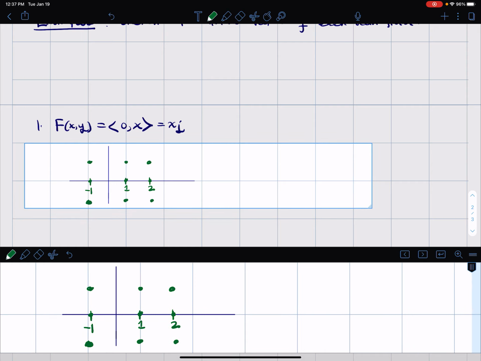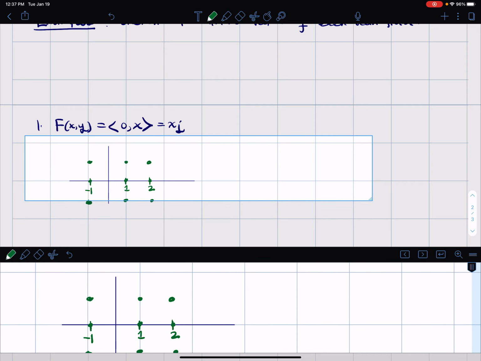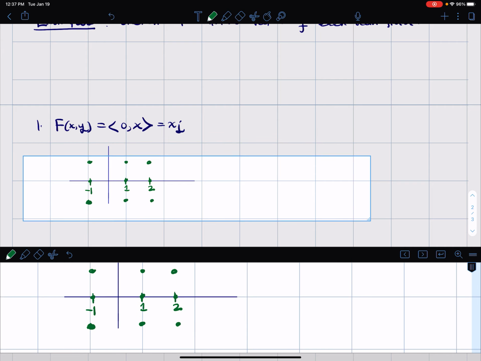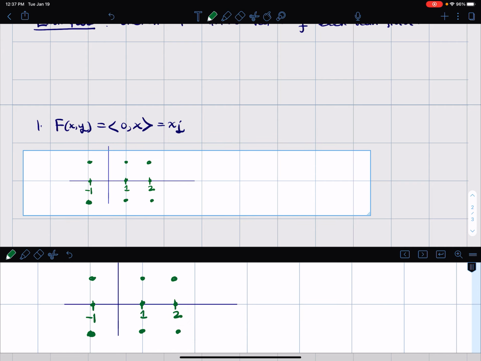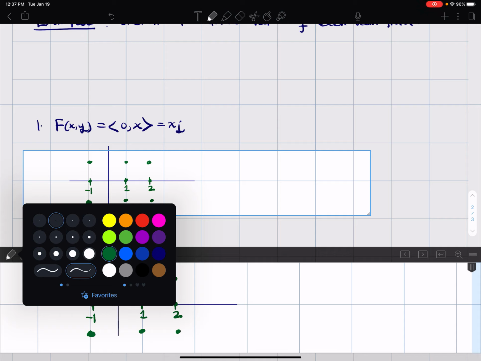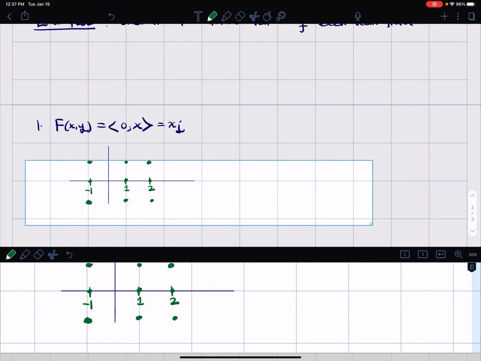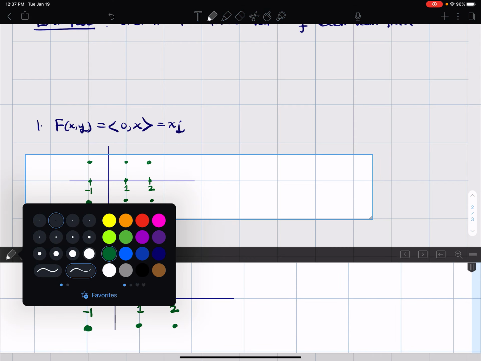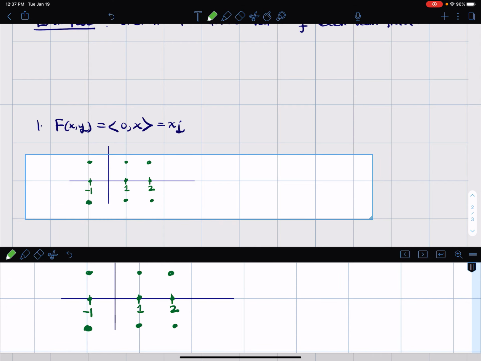Okay? Let's play with these points. So let's start with this. It says to us, if we are at this point, the vector we get is the vector 0, 1.